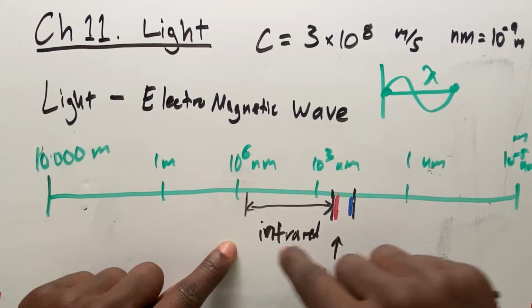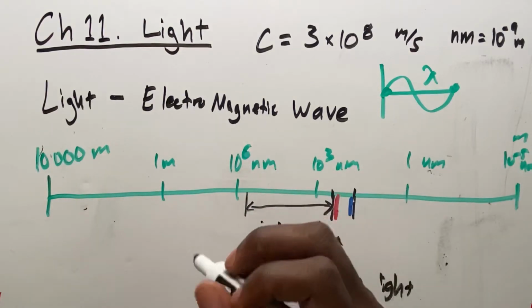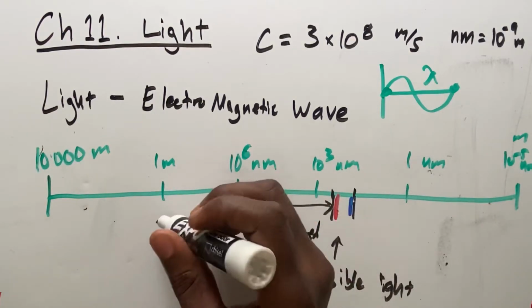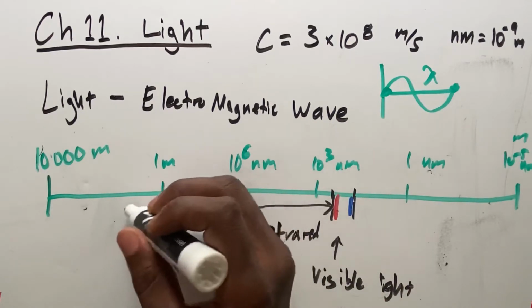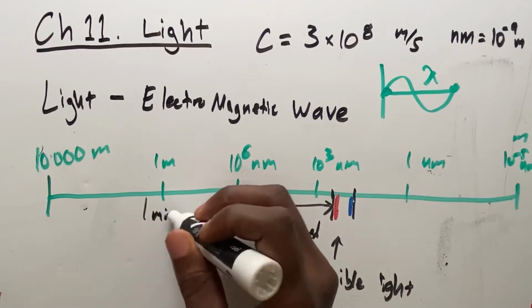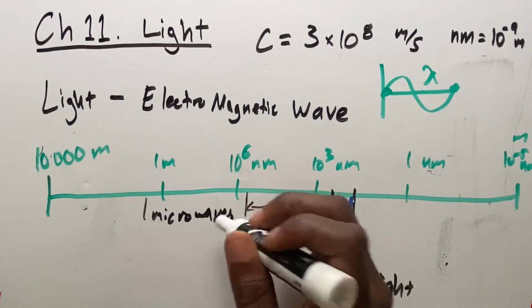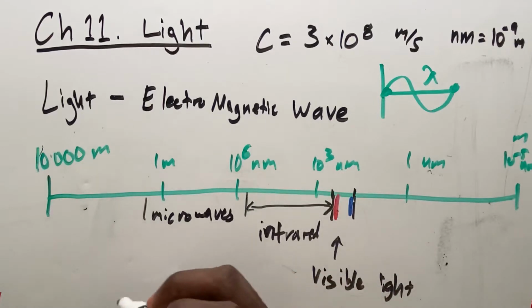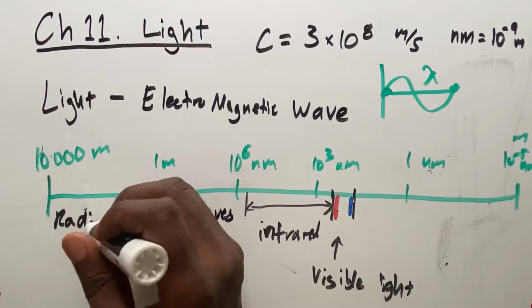So there's infrared, and then as the wavelength gets bigger and bigger, we have microwaves. So I'll write that right here. Microwaves, which is what we use to basically warm up our food. And then down here, these really, really big waves are radio waves.